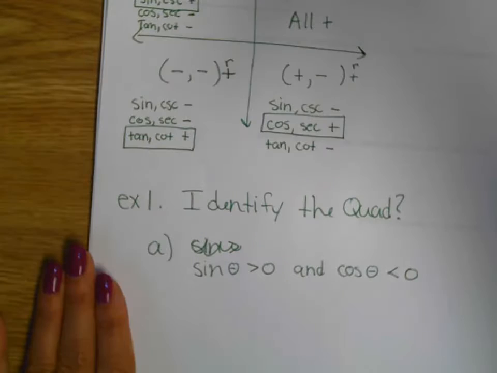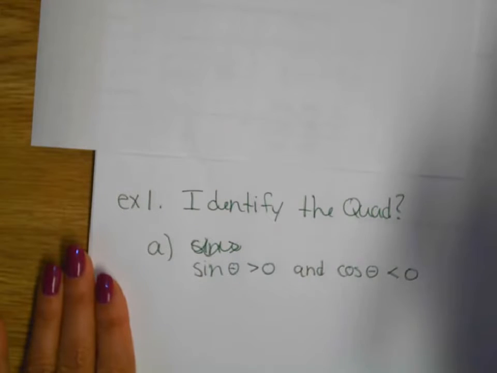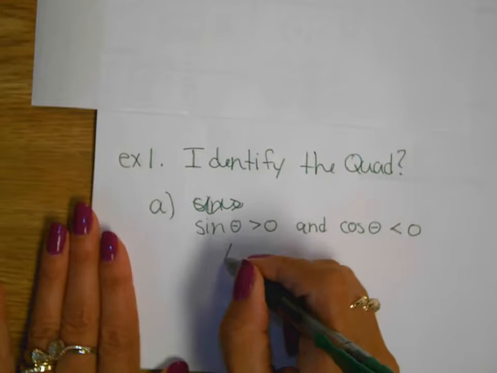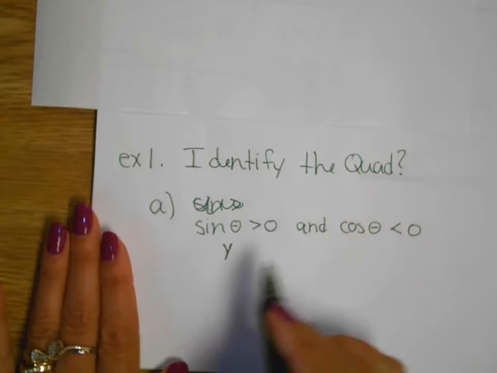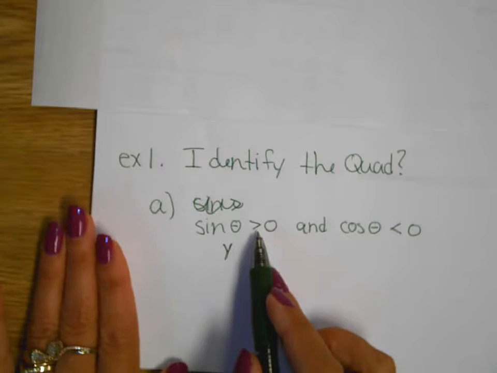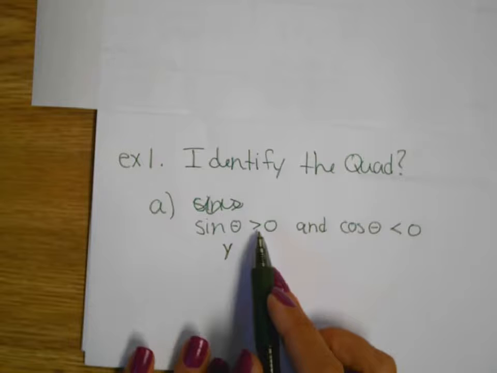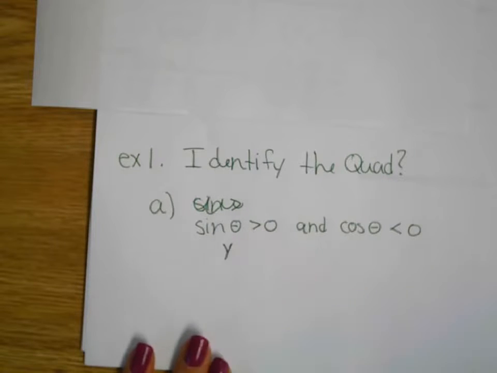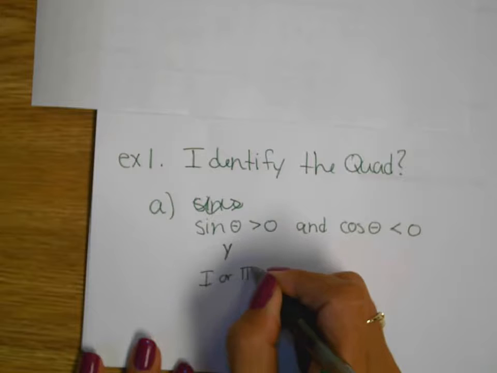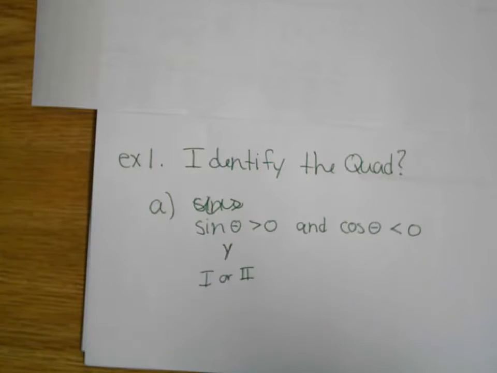So, again, try not to look up at that chart we just made. Think sine being the y value. Where is y positive? Because greater than 0 is positive. So think y-axis. Which quadrants have the y-axis positive? What are my two options here, Adam? First and second. So theta is either in 1 or 2, because that's where the y is positive.